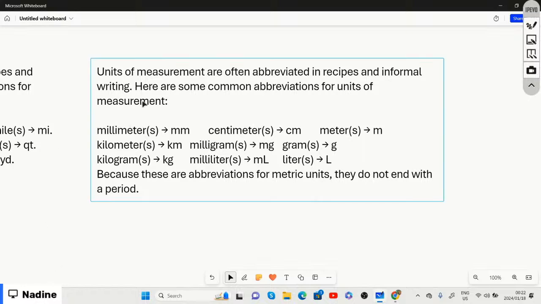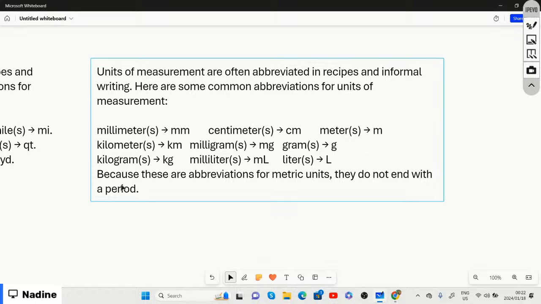So this is now metric units of measurements, right? And we can measure according to so many millimeters, centimeters, meters, kilometers, milligrams, grams, kilograms, milliliters, liters.